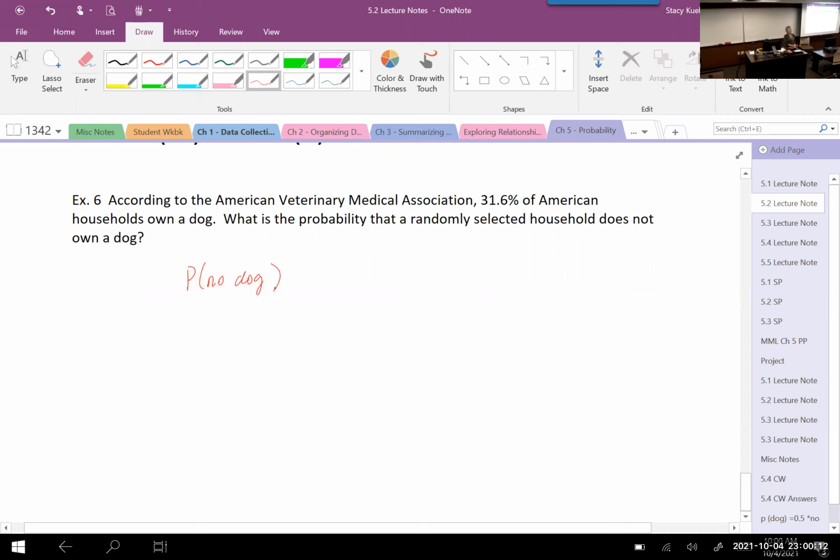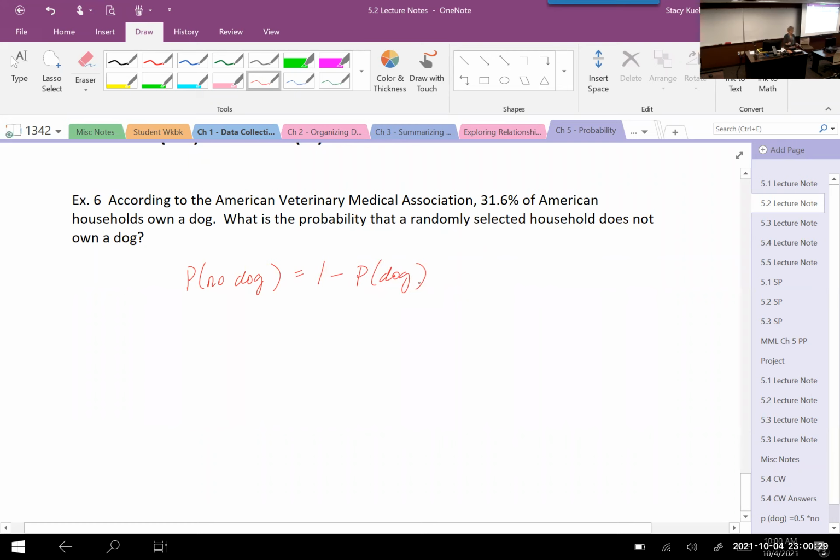The only thing I know is what the probability is if you do have a dog. So we're going to take 1 minus the probability of a dog, because all of those owners who don't have a dog would be left over.